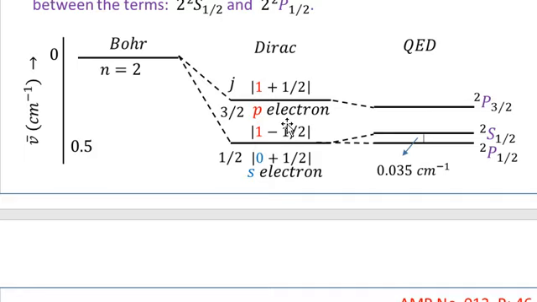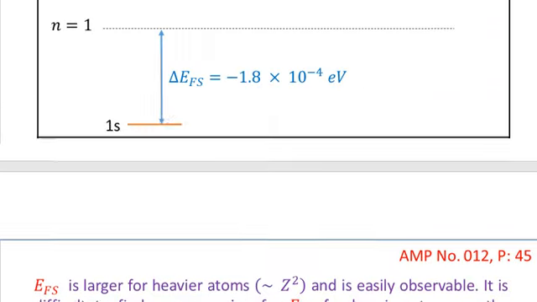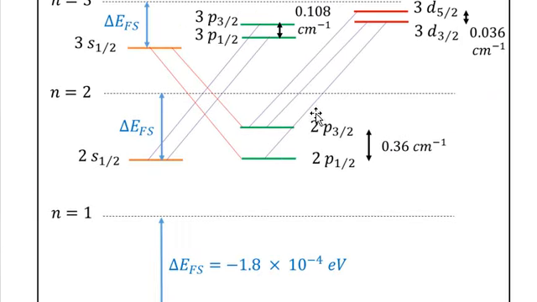Again, for the p electron, you have two values of J. One is 3/2, the other is 1/2. So let me show you over here. For the p electron, you have two levels. One is p3/2, that is J is 3/2, and the other value of J is 1/2. So according to that, you have two levels, p3/2 and p1/2.